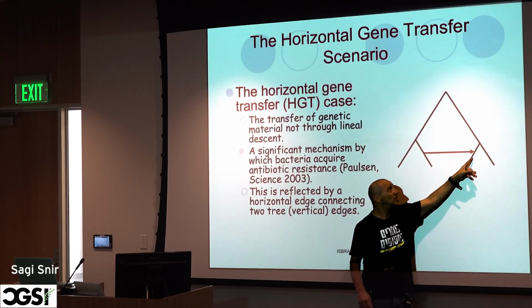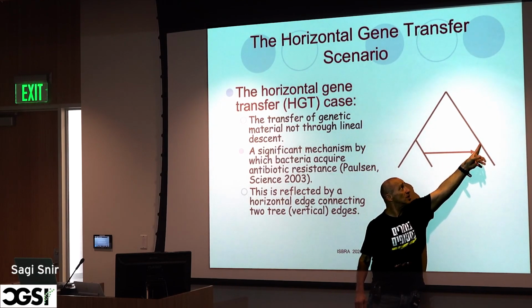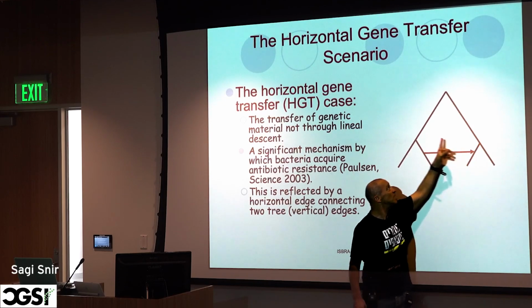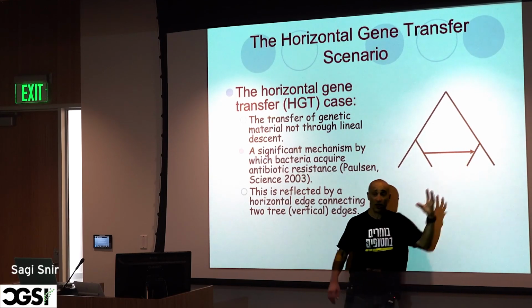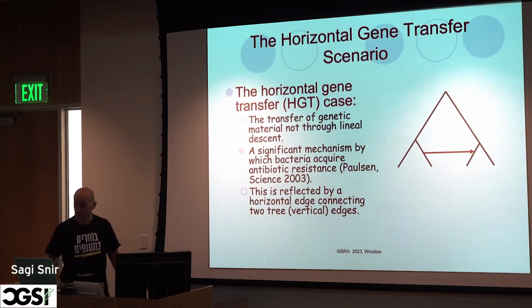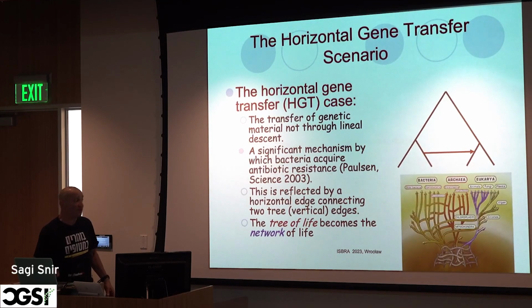So actually, its ancestor on this gene is not this extinct species, rather from here. So it changes the tree. So the tree is different. It introduces conflicts. Okay? And the tree of life became a network of life.